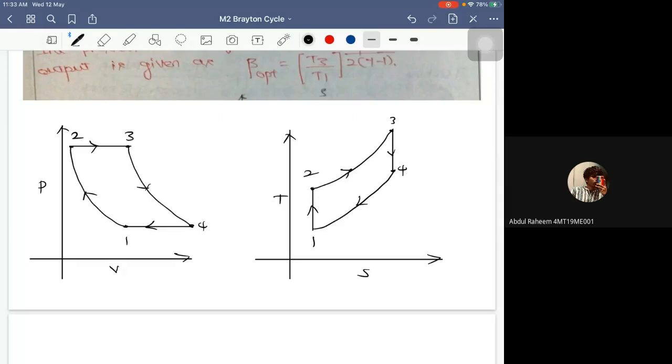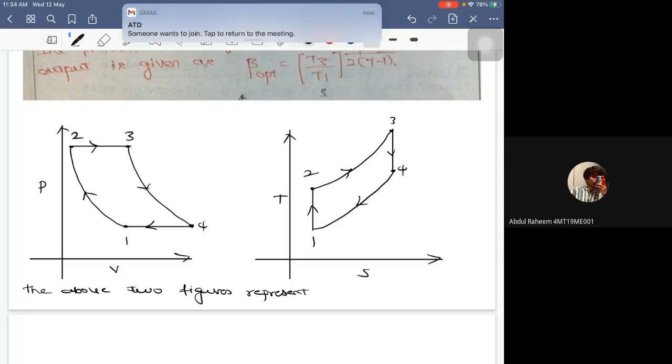So just write the same thing: the above two figures represent the PV and TS diagrams of the ideal Brayton cycle. I want you to take the notes parallelly with me. There will be no extra time given for you to take the notes. I will be checking randomly whether you are writing the notes or not.